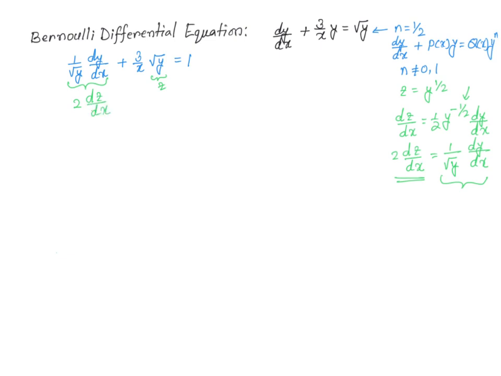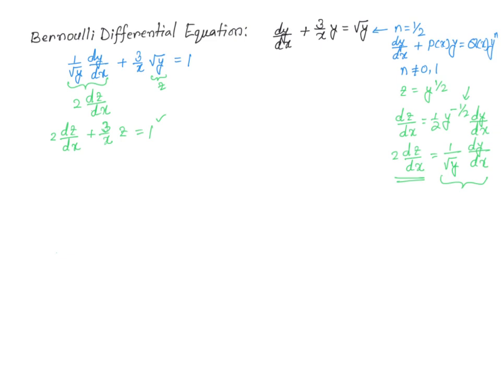Now if I substitute these values, I get 2 dz over dx plus 3 over x times z is equal to 1. Now this is nothing but a first-order linear differential equation that we could solve by using integrating factor. But before that, let me just simplify it a little bit.